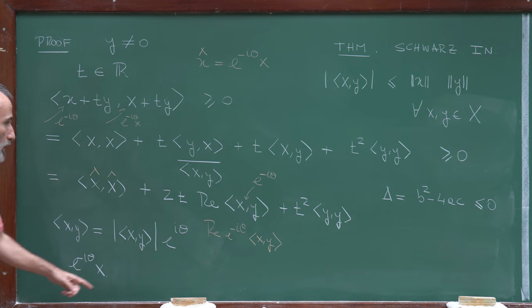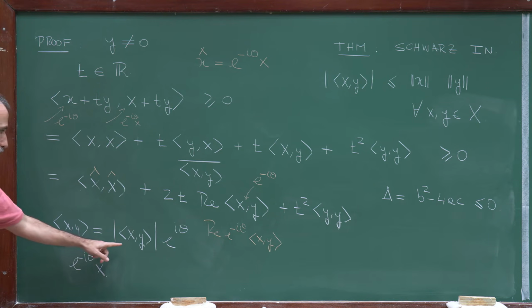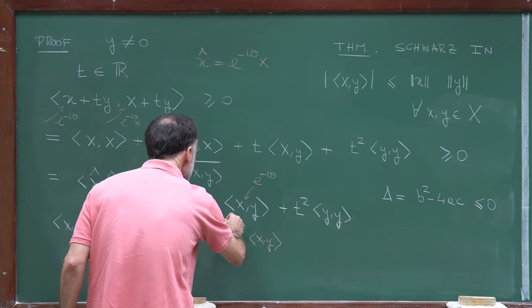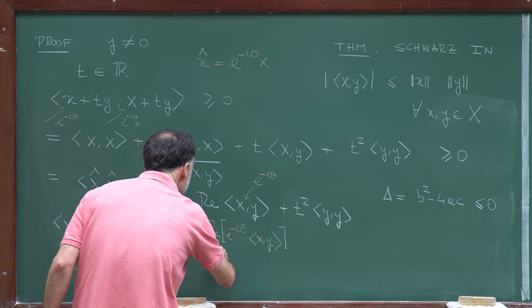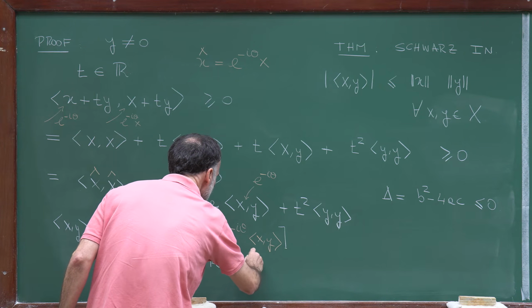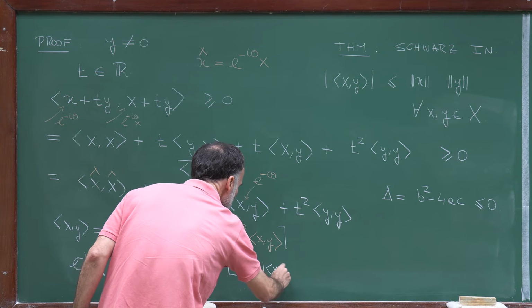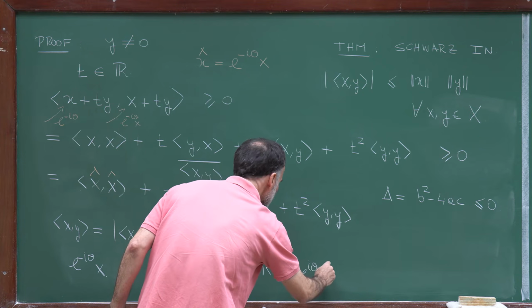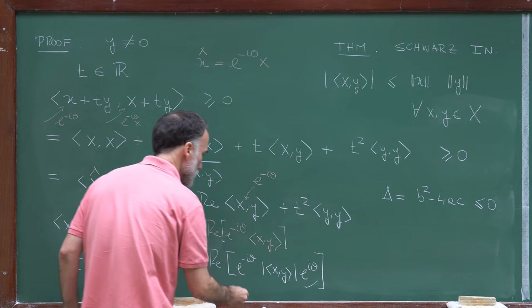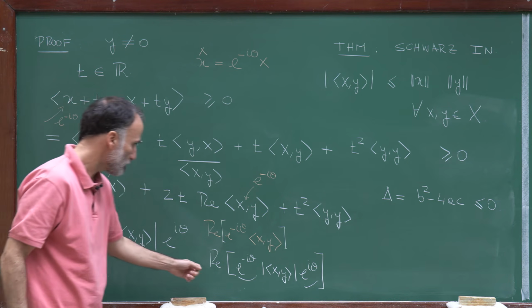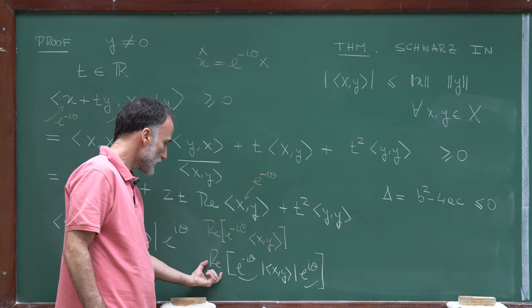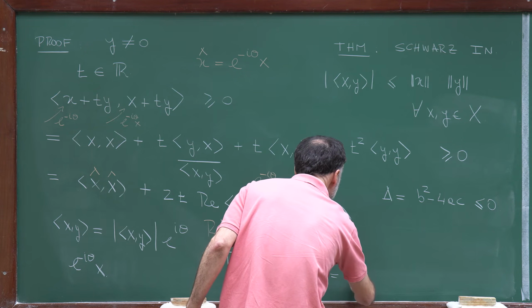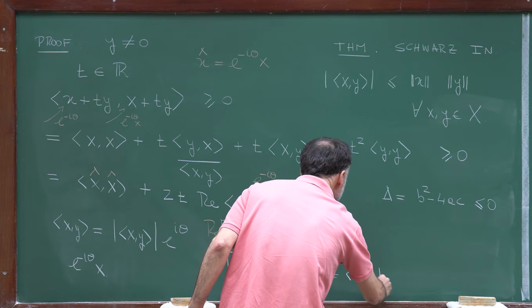But we've seen that xy is equal to the absolute value of the scalar product xy times e to the i theta. So this is the real part of exponential minus i theta, the absolute value of the scalar product of x with y, exponential i theta. This goes away with exponential minus i theta, and what I get is the real part of this absolute value, which is a real number. So this is equal to the absolute value of xy.